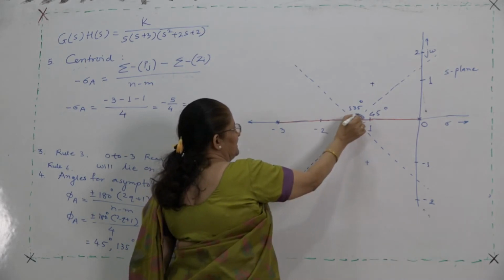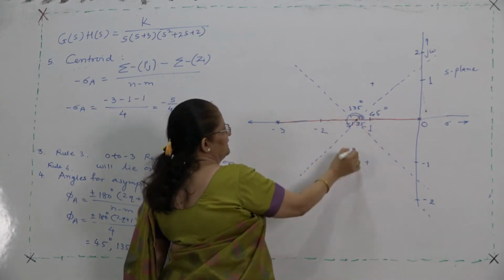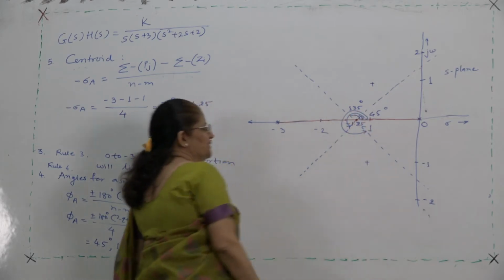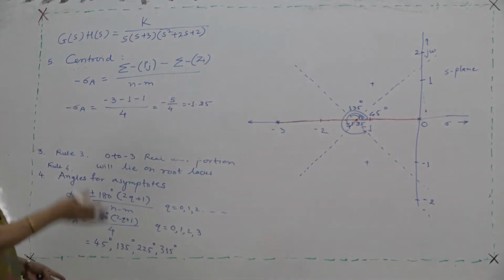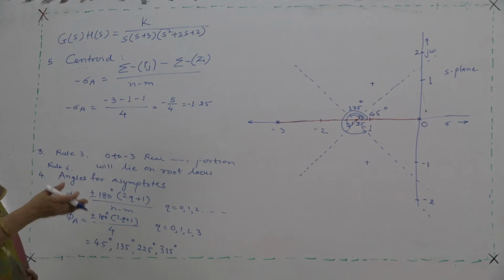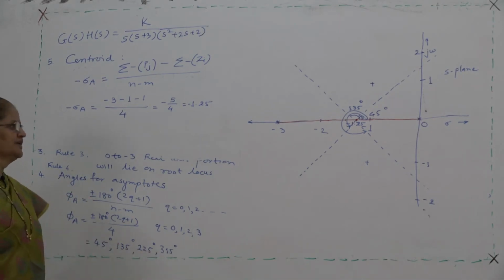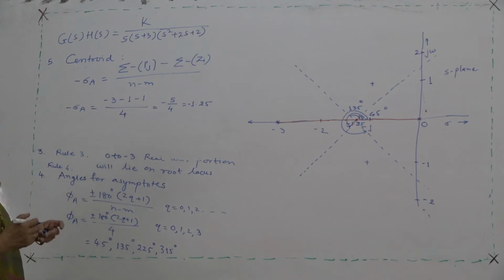What we will get here is 225 and 315. You just extend that 45 degrees line which will give you the 225 line, extend the 135 line which gives you 315. Okay. So, draw the asymptotes.